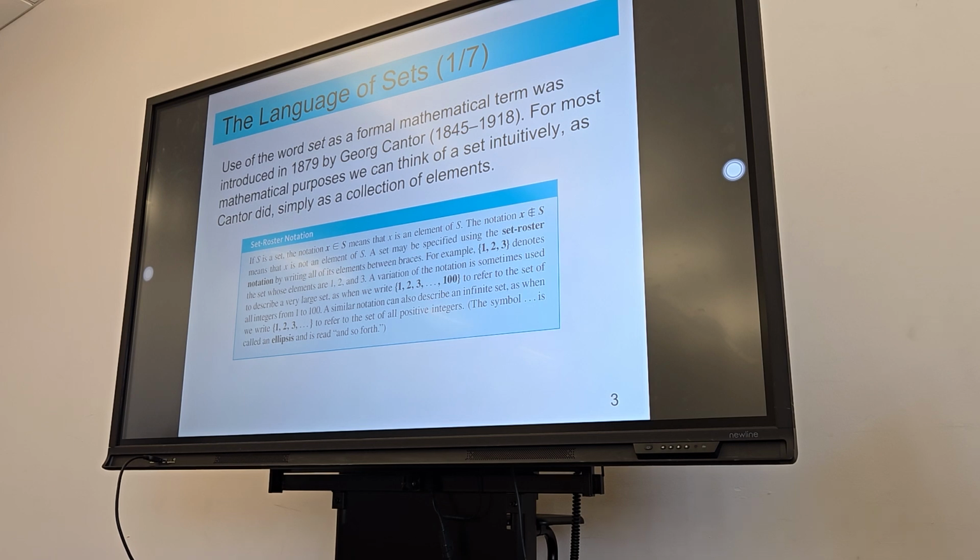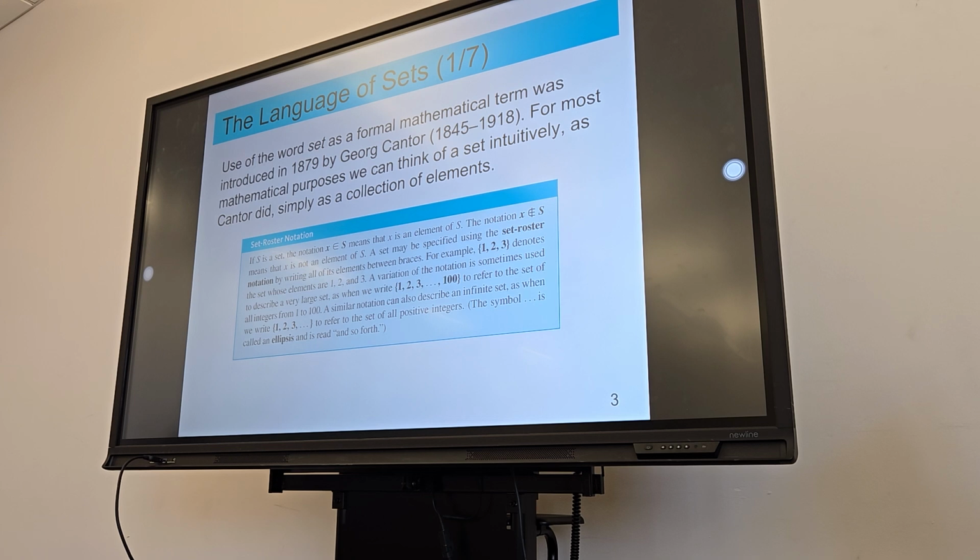A set may be specified using the set roster notation by writing all of its elements between braces. You can use ellipsis to describe a very large set or an infinite set, as the examples give.